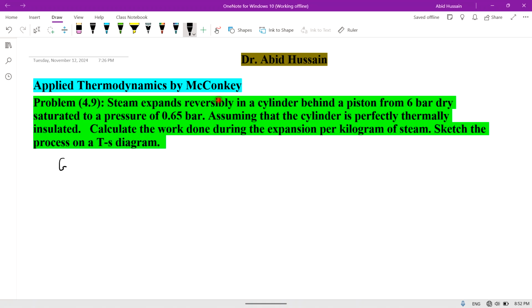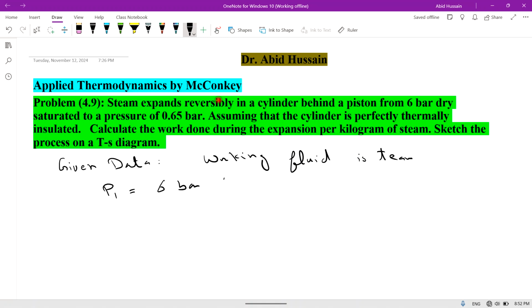First we write the given data for the problem. The working fluid is steam. Initial pressure P1 is equal to 6 bar, and initially the steam is dry saturated.